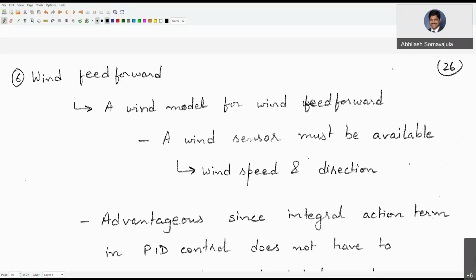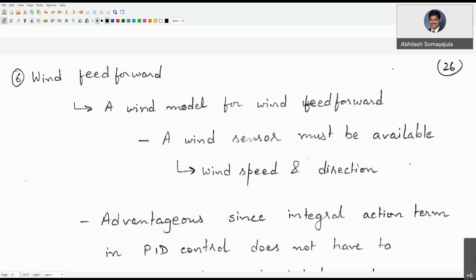But what we are trying to do here is, based on the wind speed and the direction, if we can compute the amount of force which is going to come onto the vessel, I'm trying to compensate for it immediately. So I'm not trying to see a big overshoot in the error, by taking an anticipatory effort.